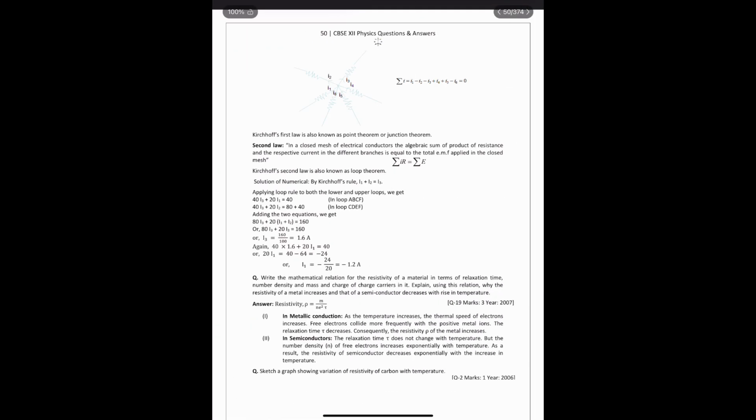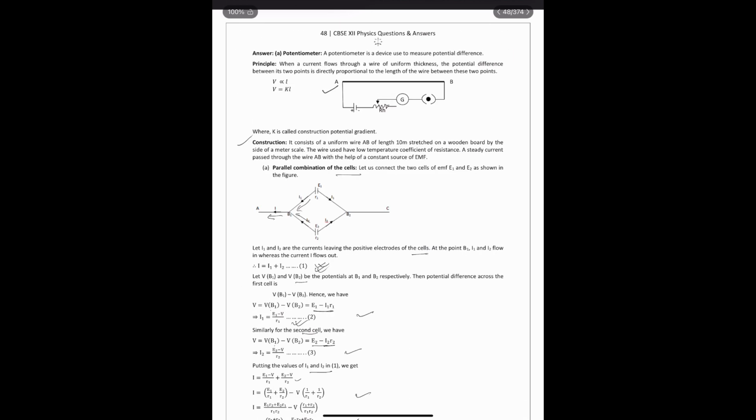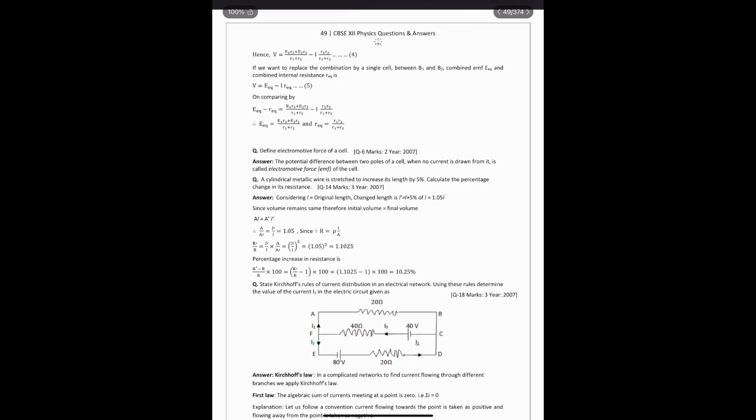This is the potential drop, correct? So we can calculate by putting the values of I1, I2 here. I is equal to I1 plus I2, and from equation 1 we get the value of I. We know that potential difference is equal to equivalent EMF minus IR. So put all these values and we will get the value of EMF.